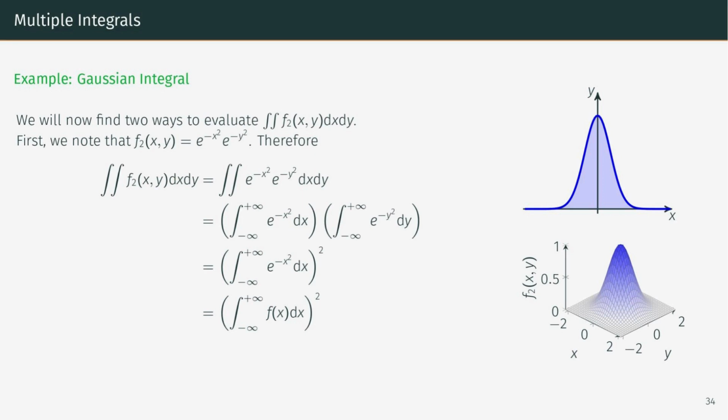We can then see that this is the same as the integral from negative infinity to infinity of e to the negative x squared dx all squared, which is just the integral from negative infinity to infinity of f of x dx all squared.